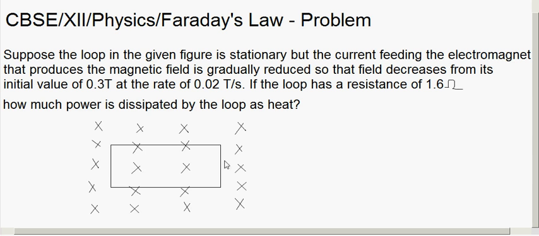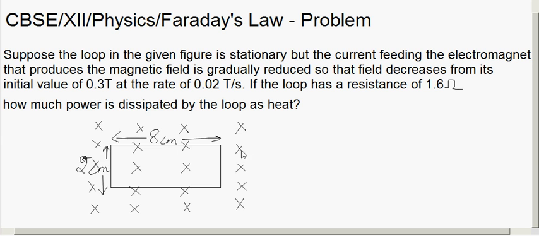This is the loop which we are placing. Now this is 8 centimeter and this is 2 centimeter. Now the loop is not moving, it is stationary. But what is happening here?